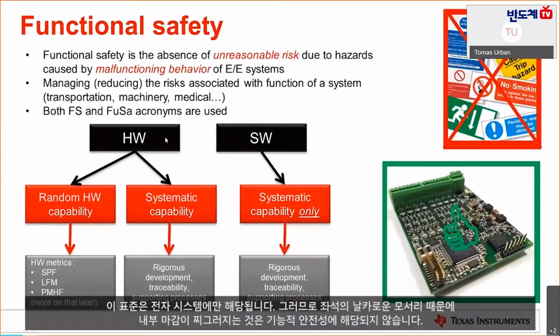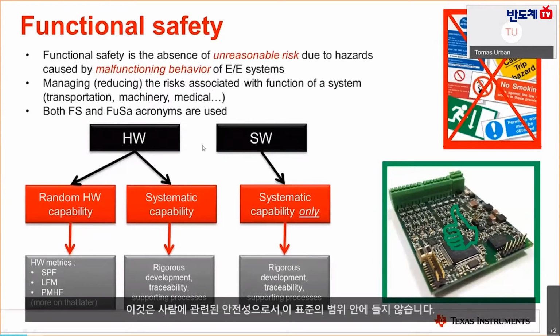This concerns only electric and electronic systems. So if you tear your pants on some sharp edge of your seat, that is definitely not functional safety. This is personal safety, which does not fall into the scope of that kind of standard.